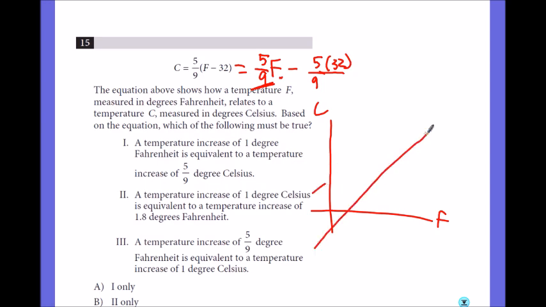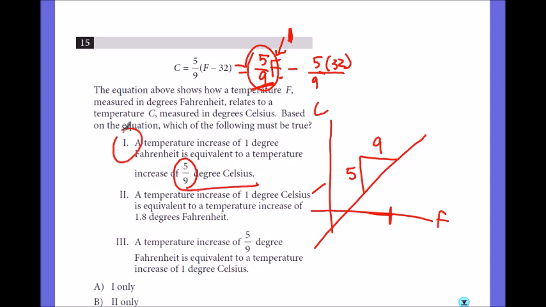Or it looks like this, goes up 5 and 9. So an increase of 1 in Fahrenheit, or an increase of 1 here, right? Yes, it does increase by 5/9 of Celsius.